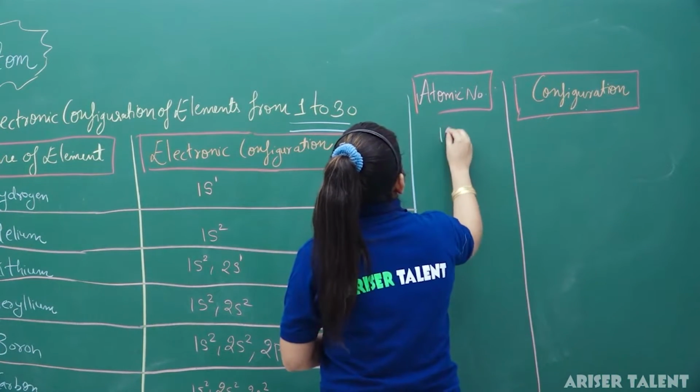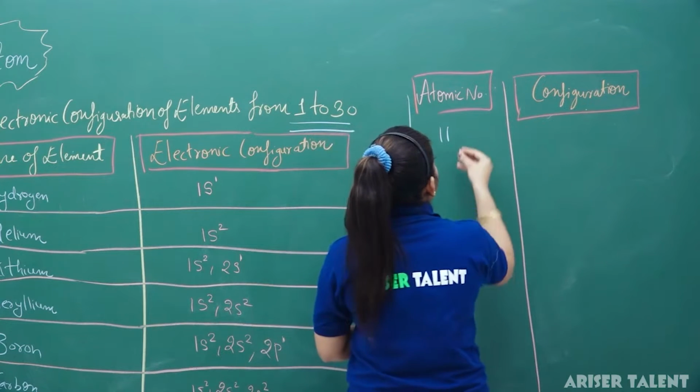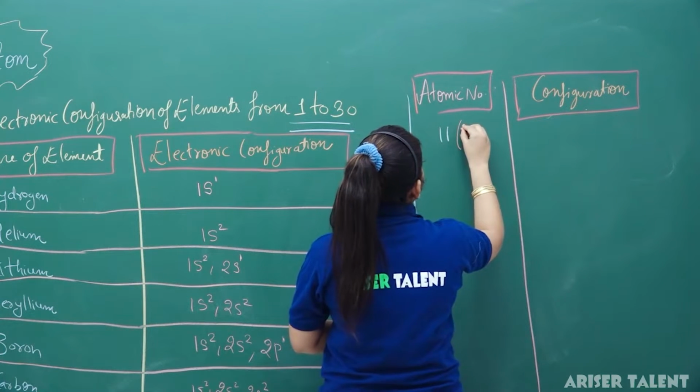So we have atomic number 11 and the atomic number 11 is for sodium.